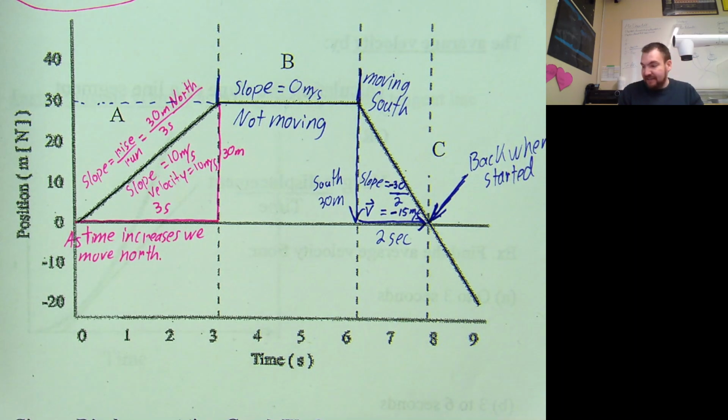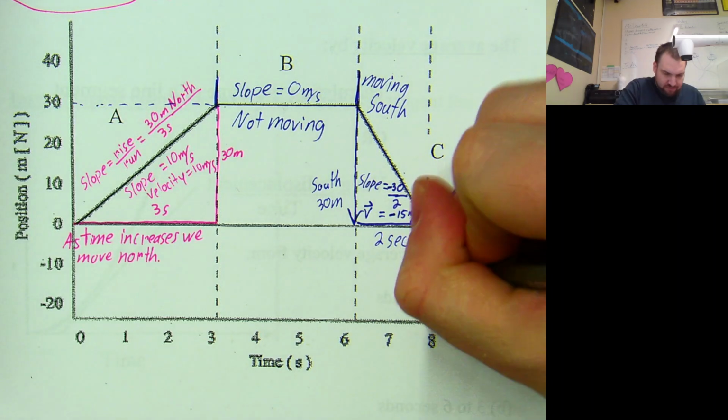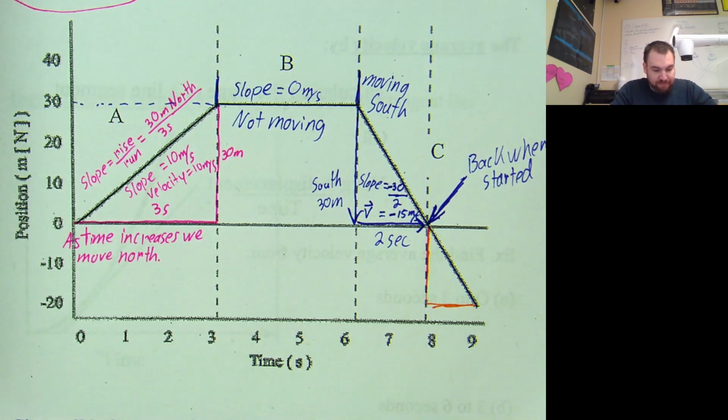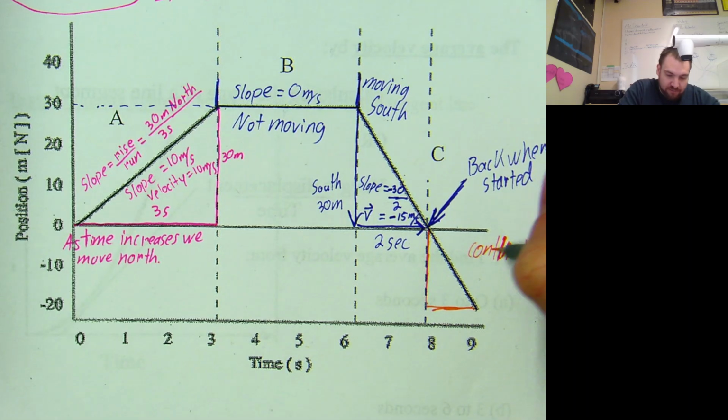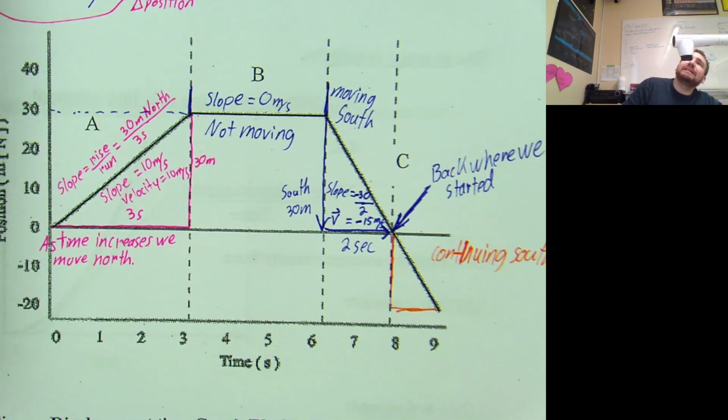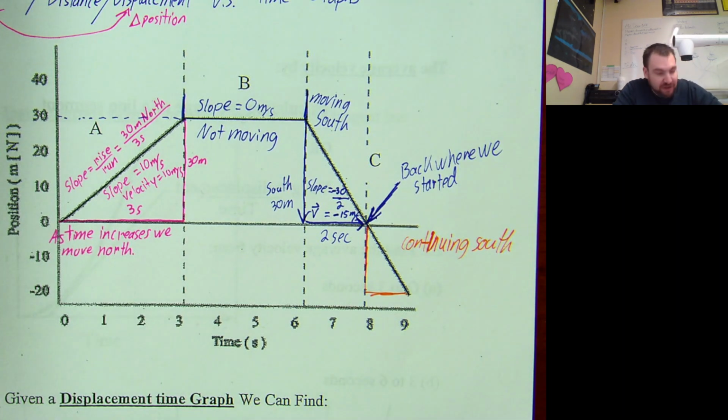And what's happening in this last chunk over here? So we're continuing to move south? Yes. Continuing south. Okay, we're continuing south. What else can you tell me about it?